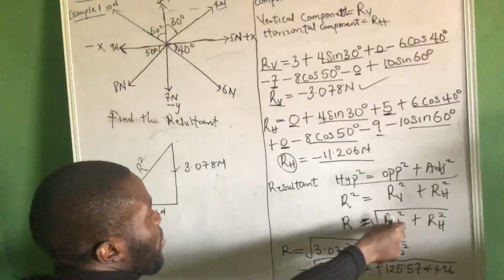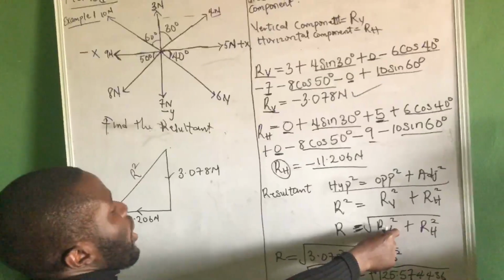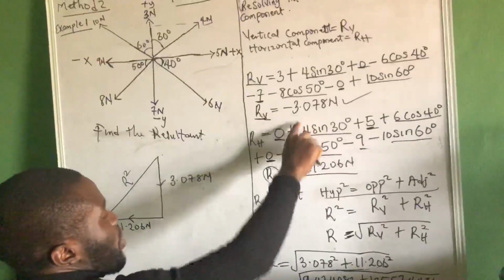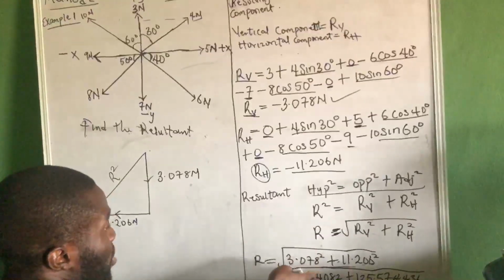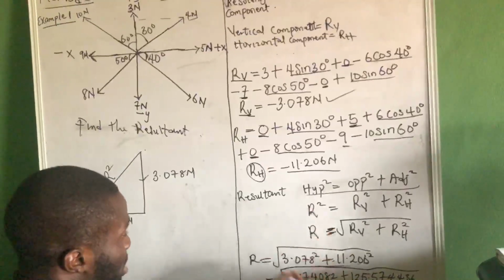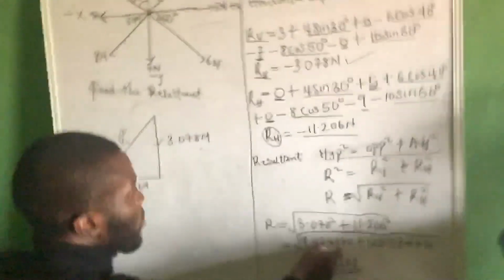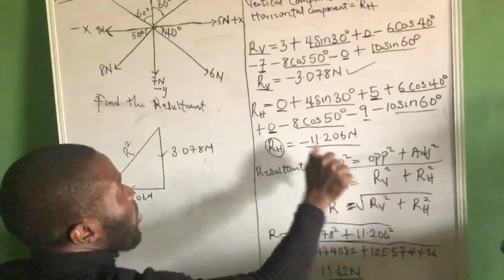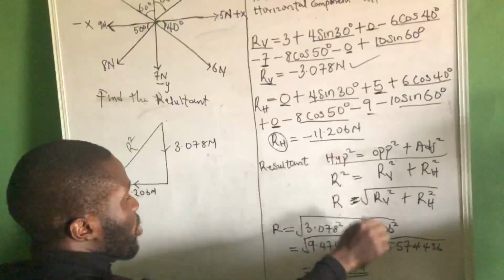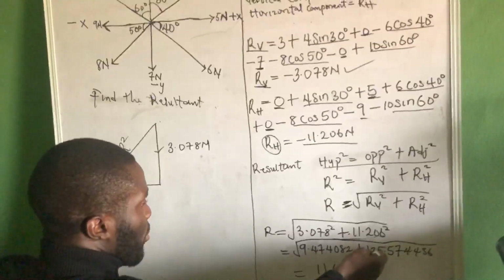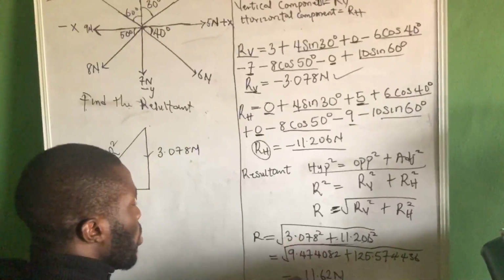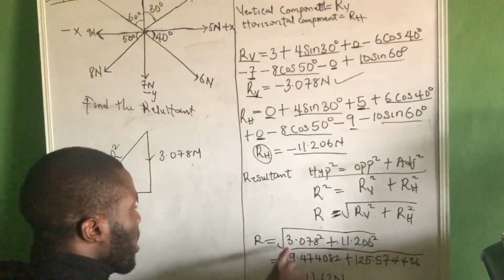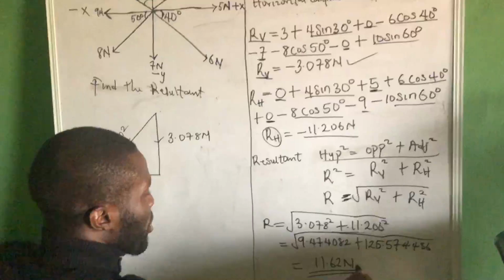Our RV is the vertical component of resultant, that's 3.078 squared. You don't need to put the minus there again, and even if you put the minus there, when squared, the negative will cancel. And our RH, the horizontal component of resultant, is minus 11.206 Newton. If you square it, 11.206 squared, you have this. If you add this together and find the square root, you are going to have 11.62 Newton.